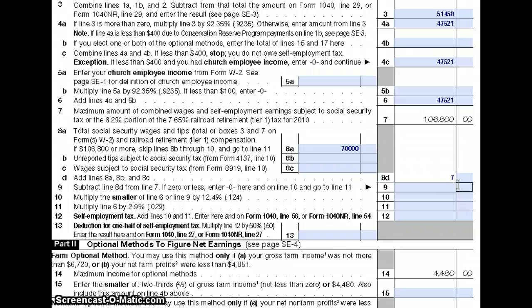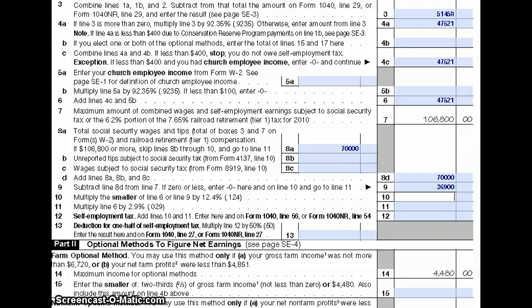We don't have any reported tips or anything like that. On line 9, we subtract this from line 7. So 70,000 from 106,800 gives us 36,800, which is subject to our full Social Security and Medicare tax.